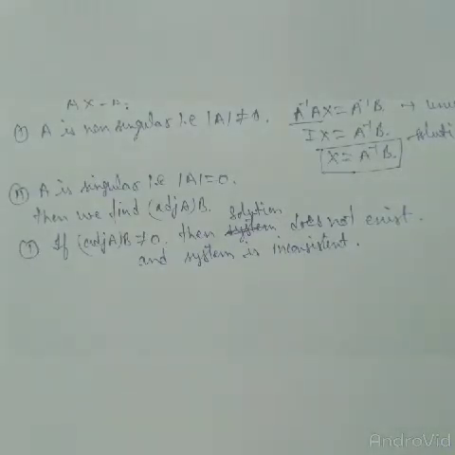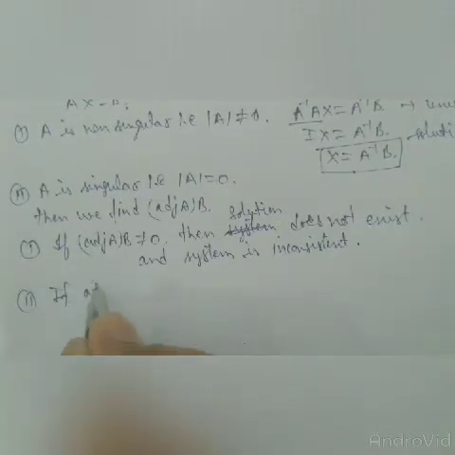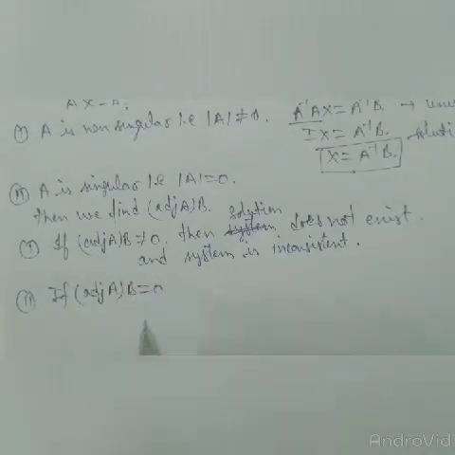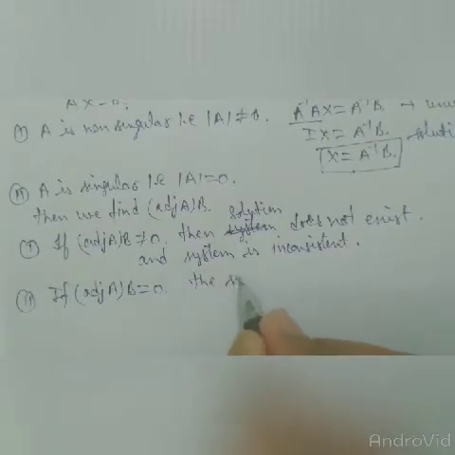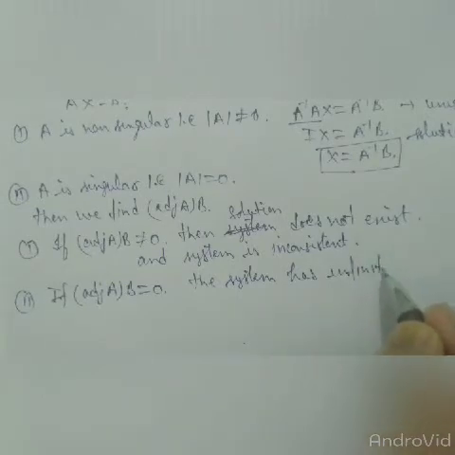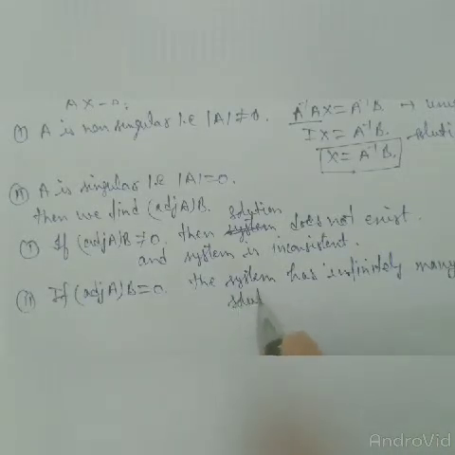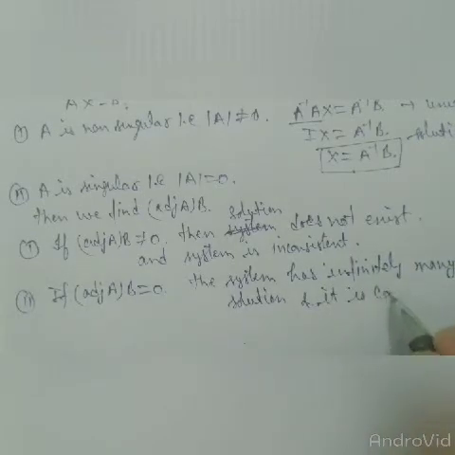Clear? Second one is if adjoint of A into B is 0, then the system has infinitely many solutions, and it is consistent.